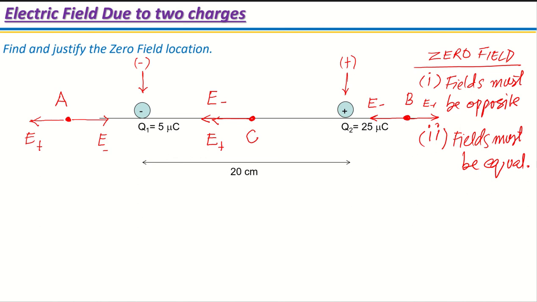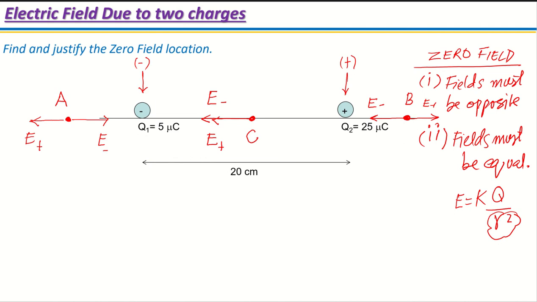At B, this is not possible because you know the electric field is kq divided by r squared. Irrespective of the distance, the electric field depends upon the amount of charge, and the charge of q2 is larger. It means the electric field of q2 is stronger at the same place as compared to q1 when at the same distance.